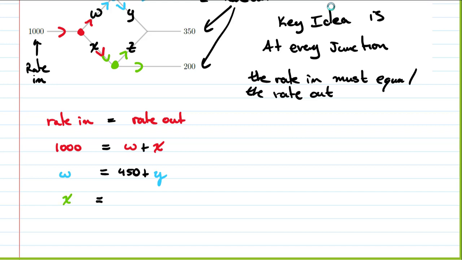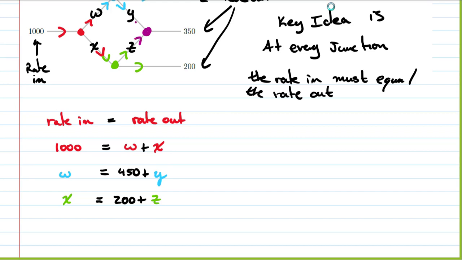And what is coming out? Well, I have 200 that are leaving by that bottom path, and some unknown number, Z, which are going up, right? And now finally we get to our last intersection.